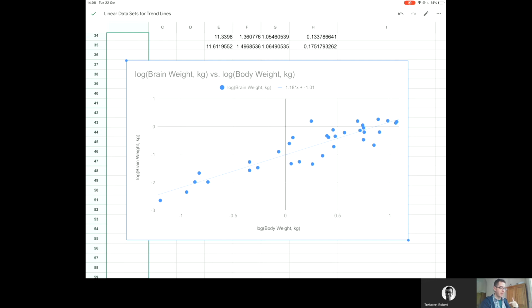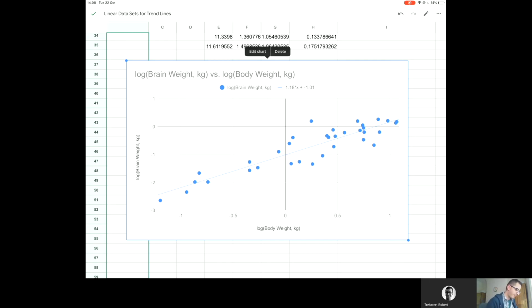And now, if I add a linear trend line onto this, I can extract the gradient and the intercept of that line, which will be very different from the original values I extracted without taking logs. So you should do that, and you should get these values.